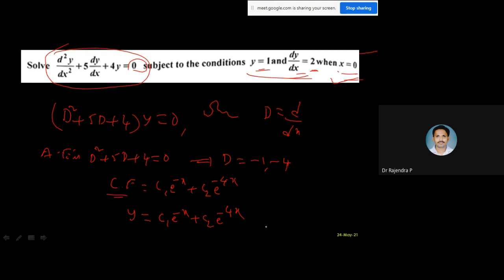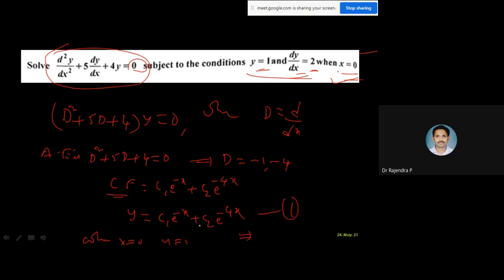So in the solution, when x is equal to 0, the y value is 1. That is one condition. When x is equal to 0, what is the y value? The y value is 1. So you substitute x equal to 0 in this equation.